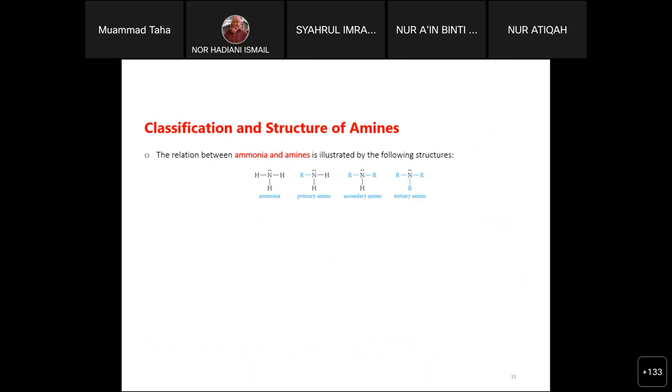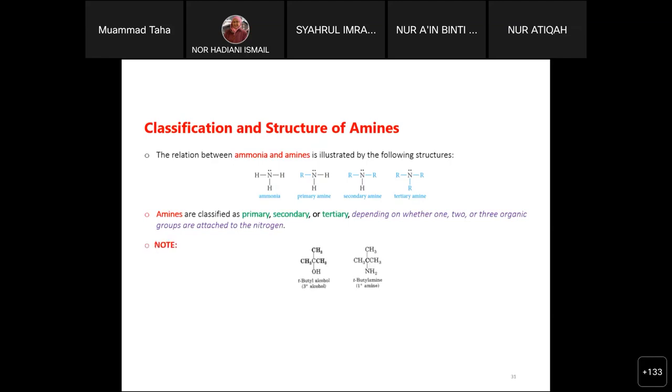Actually, amines are derivatives of ammonia. You know, ammonia is a nitrogen having three hydrogens. If one hydrogen of ammonia is replaced, it becomes a primary amine. If two are replaced, it becomes a secondary amine. If three are replaced, it becomes a tertiary amine.